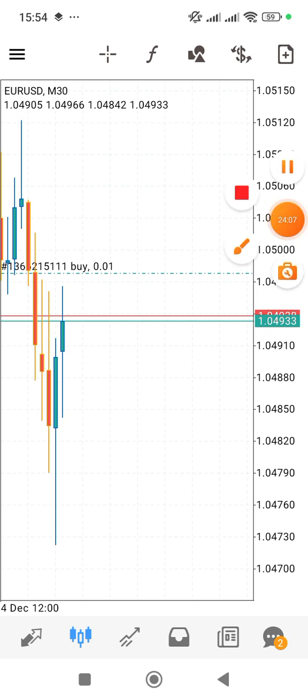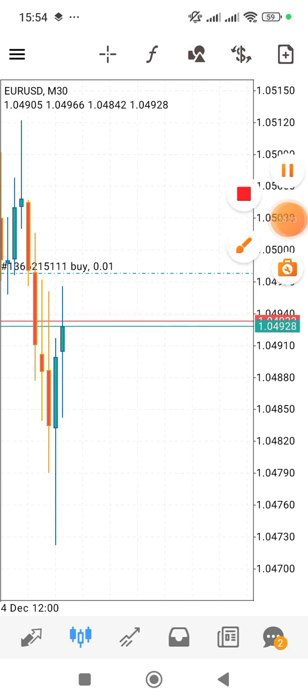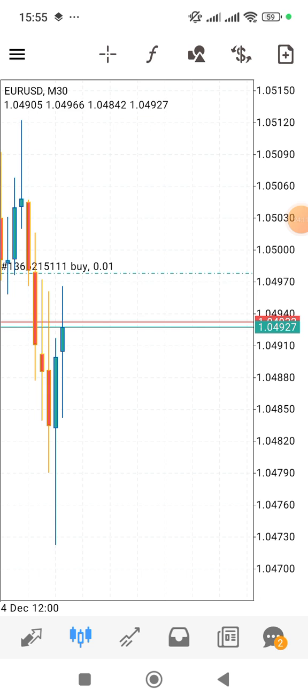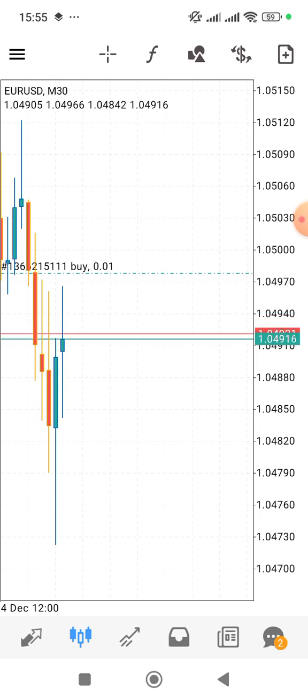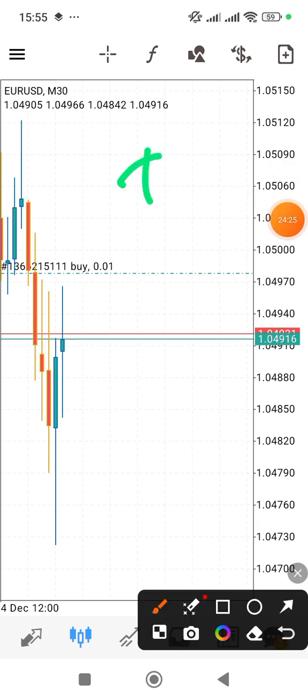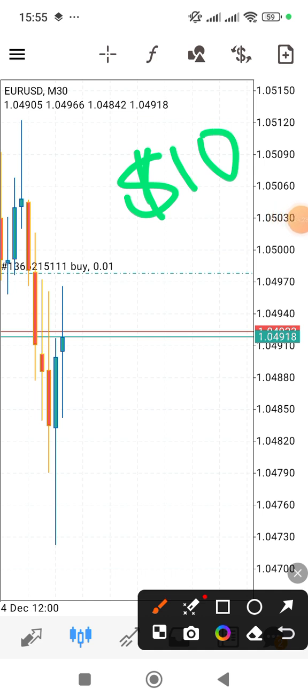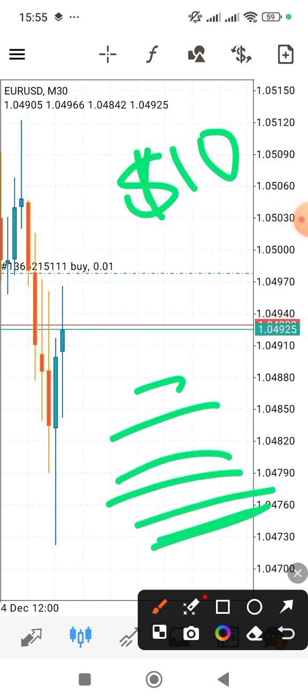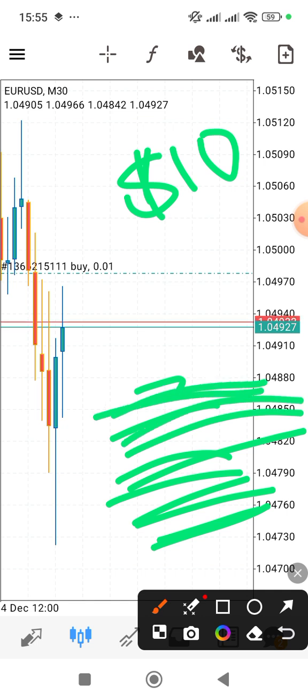Another thing I want to explain now is margin. Margin is simply a portion of your funds that your forex broker sets aside from your account balance for your trade to keep running. If you have $10 now, you cannot just be opening trades anyhow.